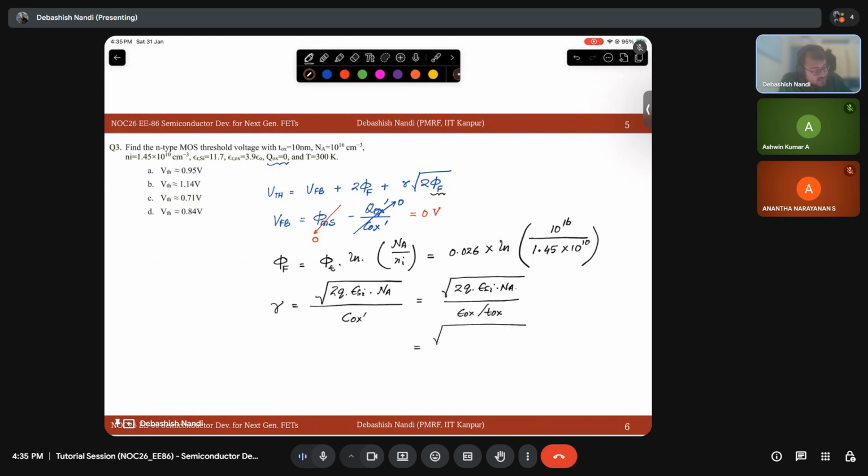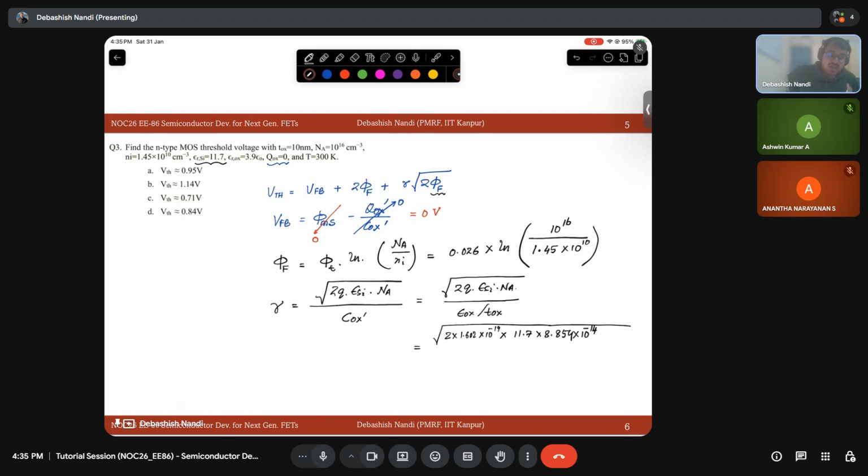So if we plug in the values, it will be 2 times 1.602 into 10 raised to minus 19. Epsilon Si is how much? 11.7 times 8.854 into 10 raised to minus 14 farad per centimeter.